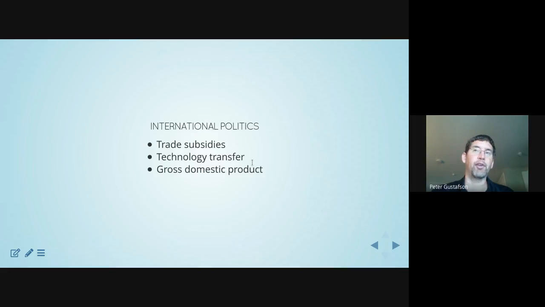What I mean by trade subsidy: the largest airframe manufacturers are Airbus, which is a European consortium of aerospace manufacturers, and then, of course, Boeing. And there's constantly political strife, I will call it, over whether or not those are government subsidized.